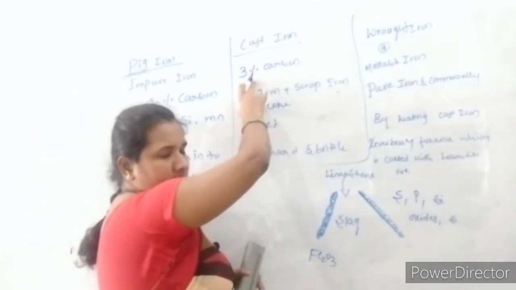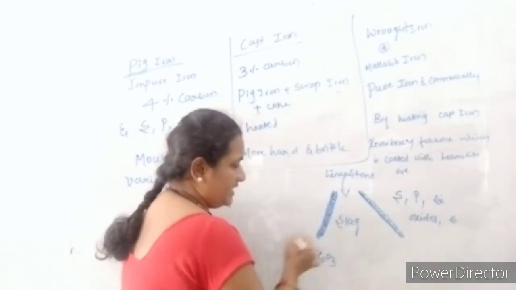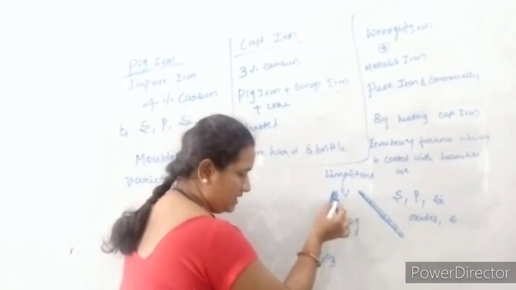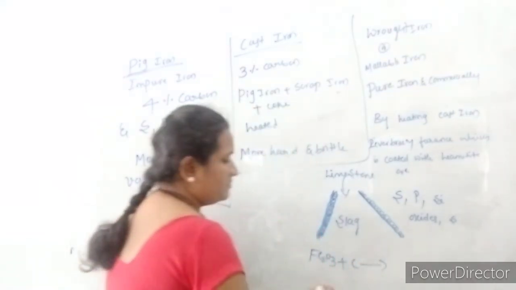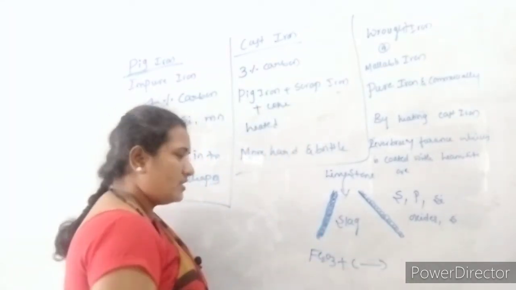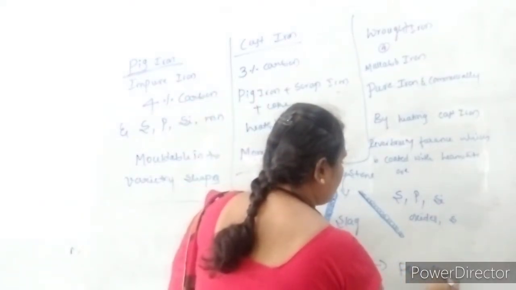Here 3% of carbon is there. So in this Fe2O3 lined furnace, when carbon comes in contact with it, the carbon undergoes oxidation. As a result we are going to get the formation of carbon monoxide.